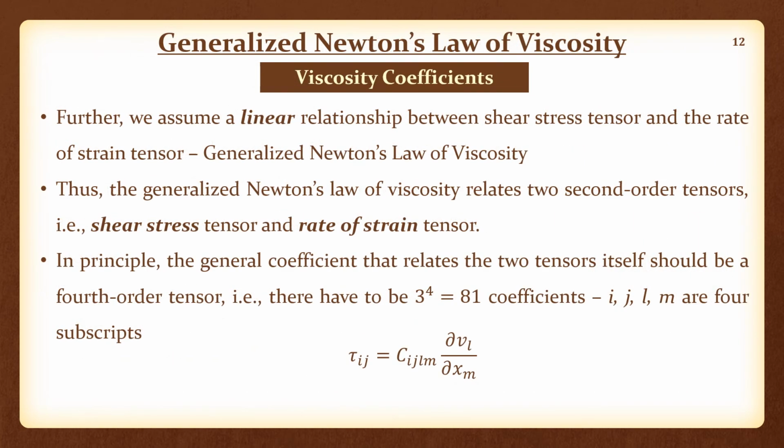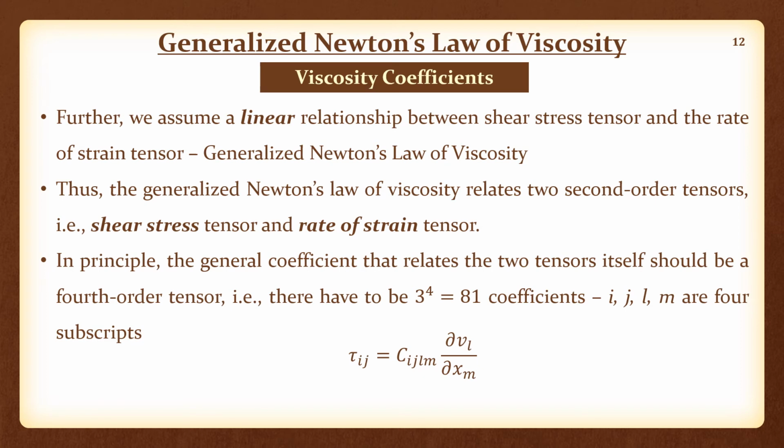Finally, what we assume further is a linear relationship between the shear stress tensor and the rate of strain tensor. Now, there is no reason this relationship has to be linear, and you have heard of and encountered in practical life what are called non-Newtonian fluids, for which this relationship need not be linear.